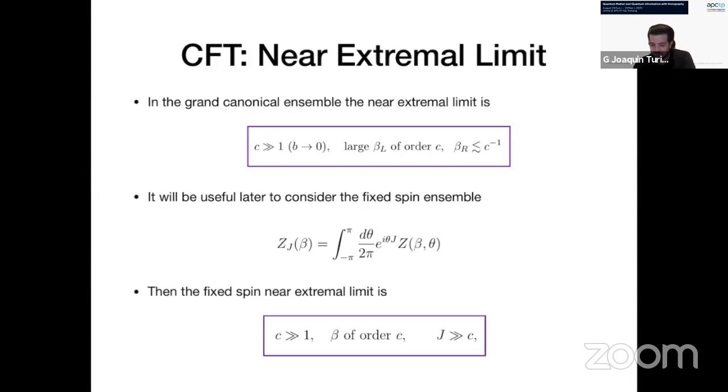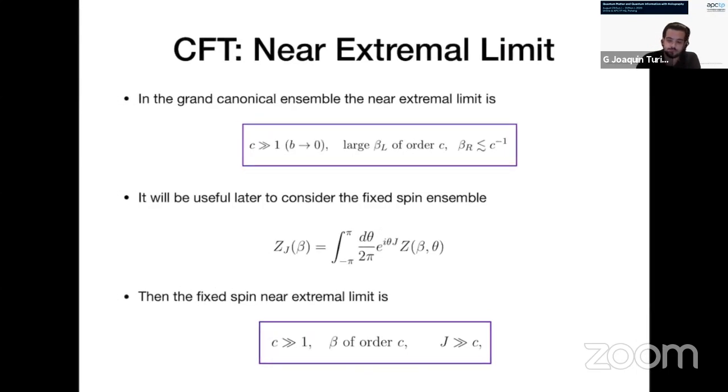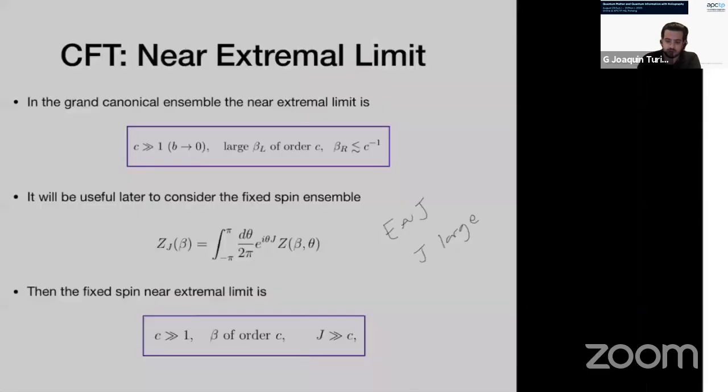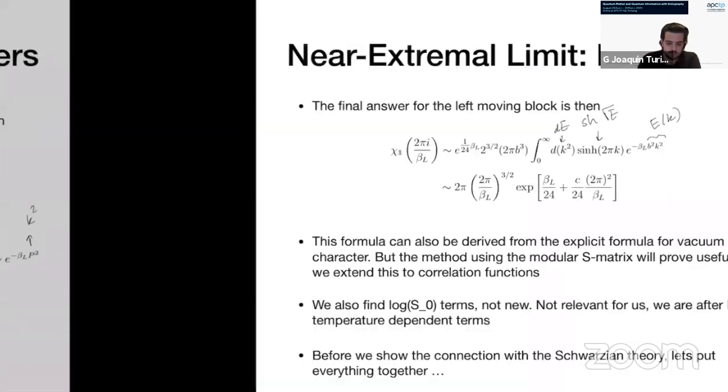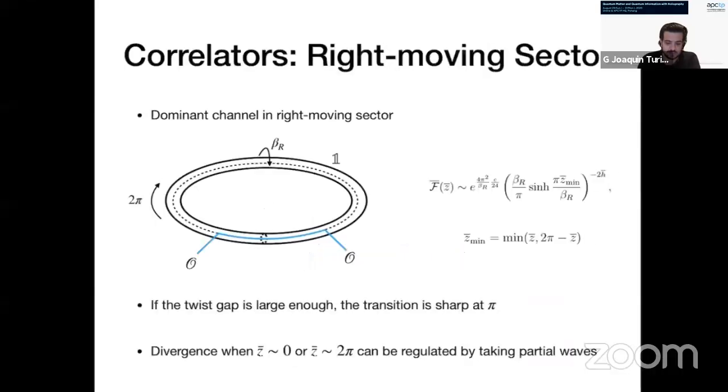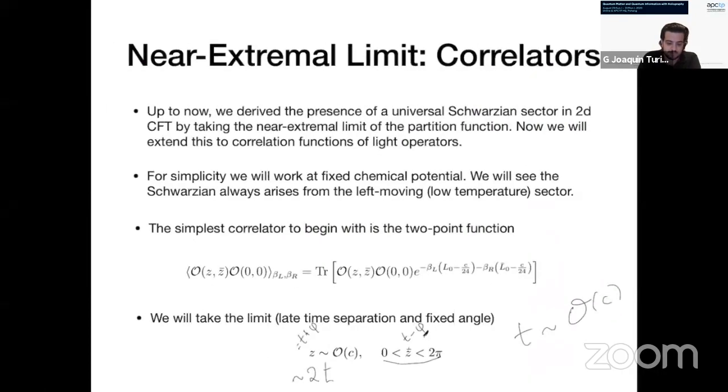So if you translate this in terms of states, we are looking at states with large angular momentum and energy very close to J, with J large. And if you look at the correlator, we are looking at correlators at late times, so times that are of order C. You can also look at times that are very large, of order 1.